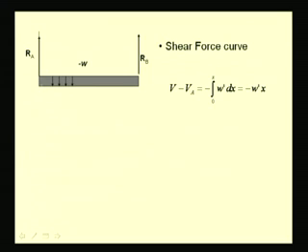Now, let us see how to determine the shear force between A and B. So, if we consider a section at any distance x from this end, the shear force at this section is, let us say, designated as V. Then we have the relation V minus VA, which is the shear force at A, equal to the negative of the area under the load curve, which is nothing but the area under this curve.